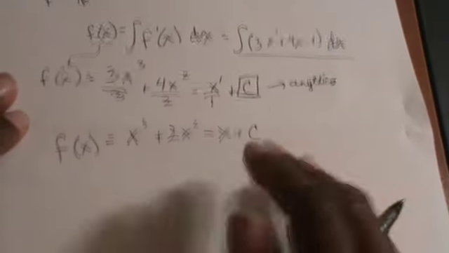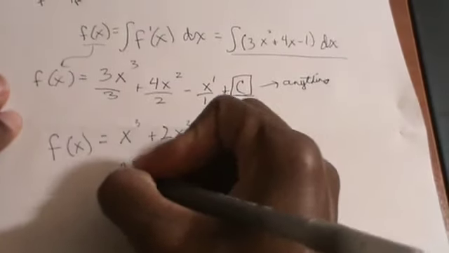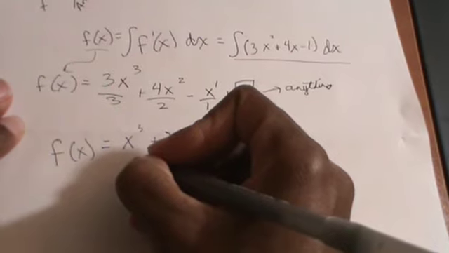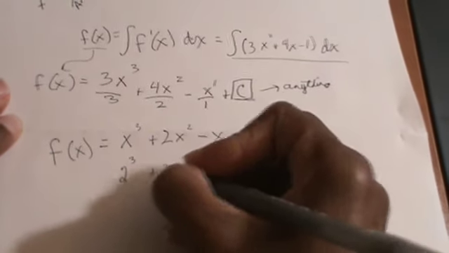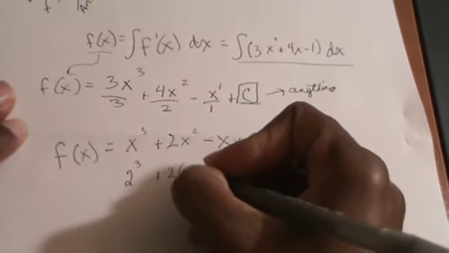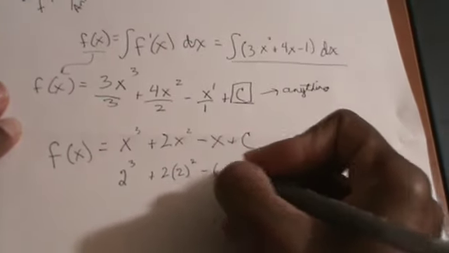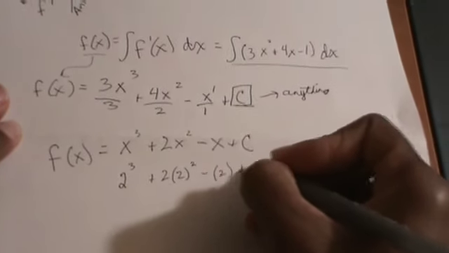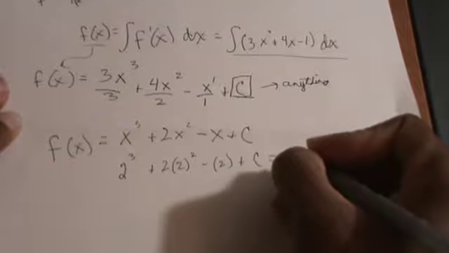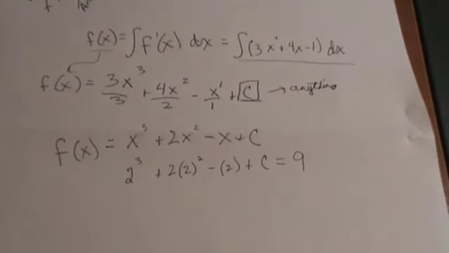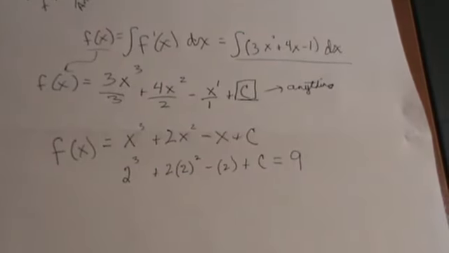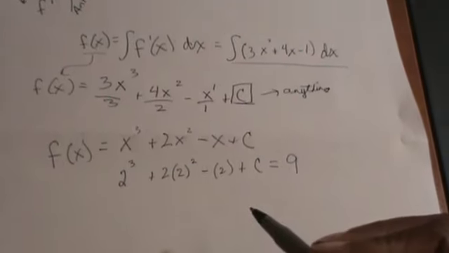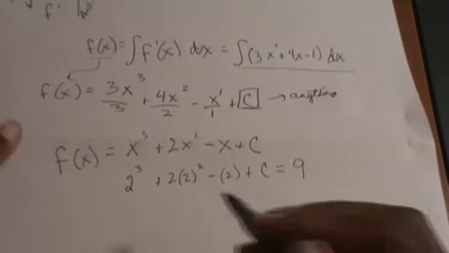So let's go here, because it means if x is 2, 2 cubed plus 2 times 2 squared minus 2 plus C, you should get a y value of 9. f of 2 equals 9. When you plug 2 in for all of the x's, you should get a corresponding y value of 9.